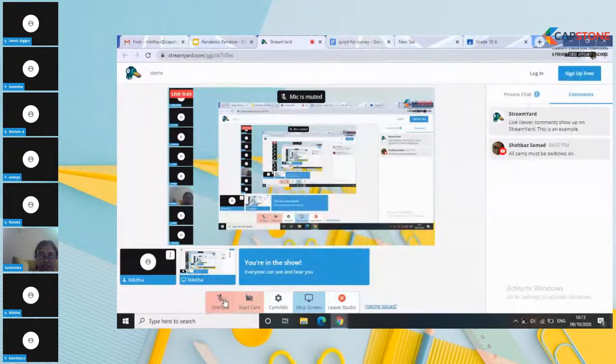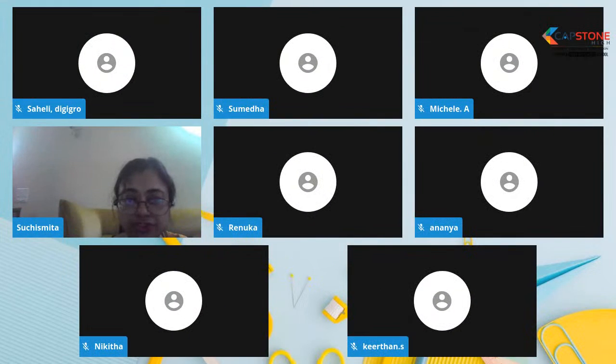You have to make sure that you have the script either written out or you have another system from which you are reading the script. If you change the tab, that script will be shown on the screen, which we can't have. Okay, so can you just try?